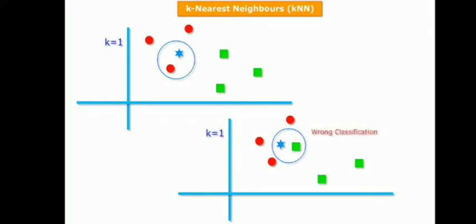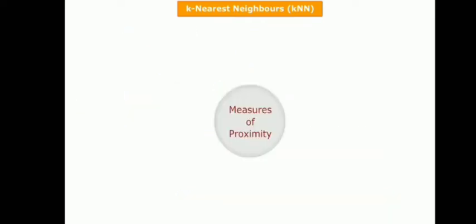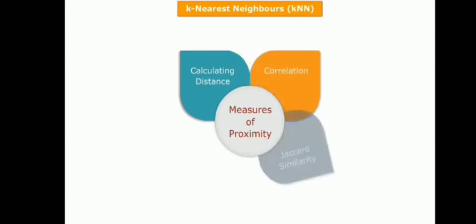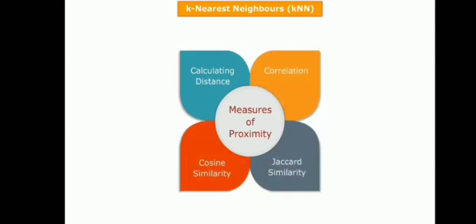In order to prevent this misclassification, you need to increase the value of K to say 3. When K is equal to 3, you will consider the nearest 3 training records instead of 1. Since the class of the target record is evaluated by voting, K is usually assigned an odd number for a 2-class problem. There are various measures to find out the closeness of test data point with other data points.